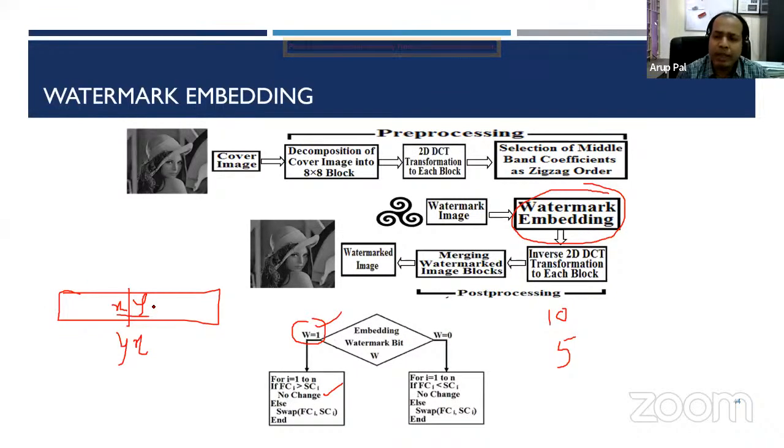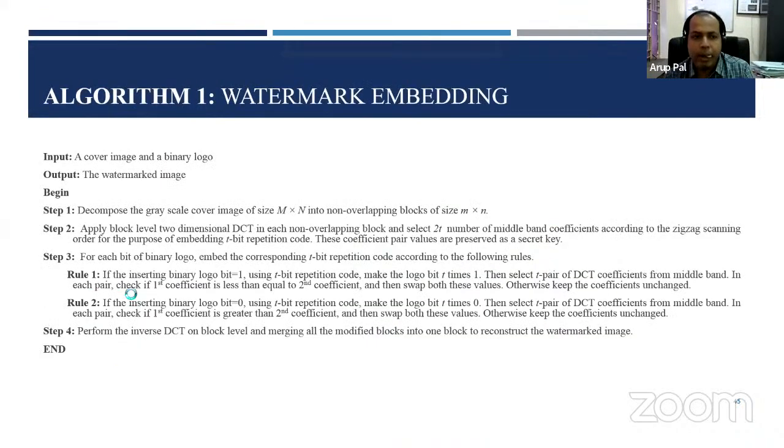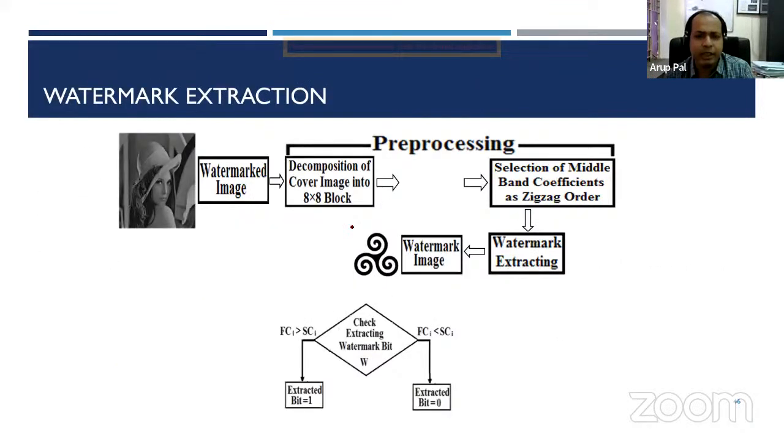In the receiving end, what happens? We check the relation: whether the first coefficient is greater than the second coefficient or not. If this condition is true, then we extract the bit 1. If the condition is false, we extract the bit 0.